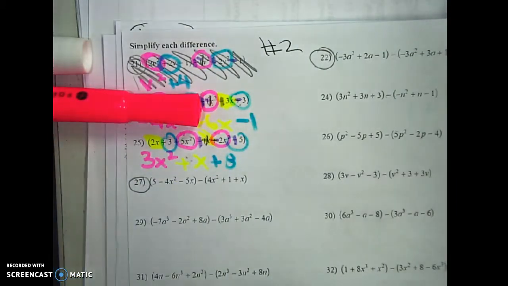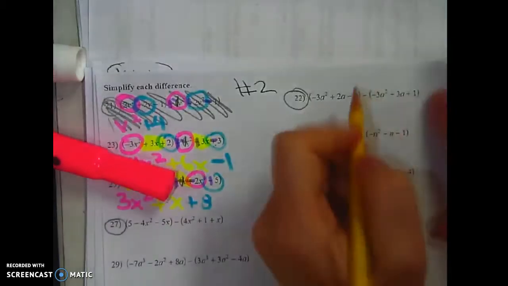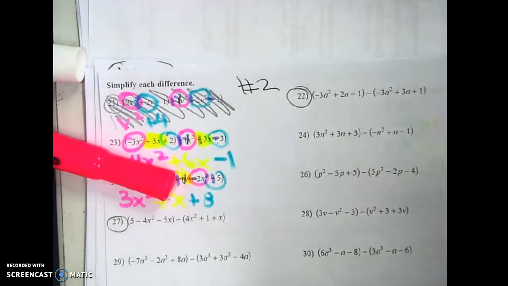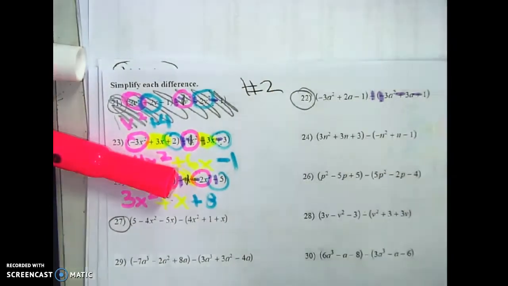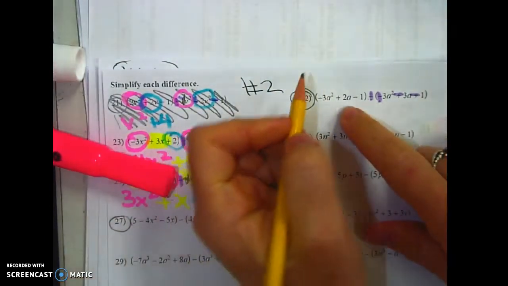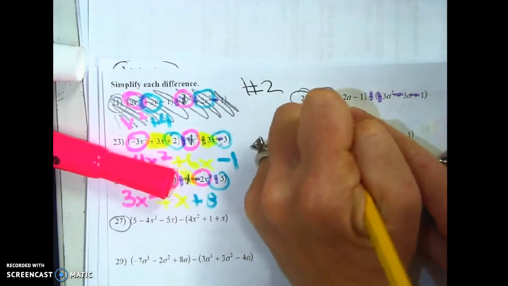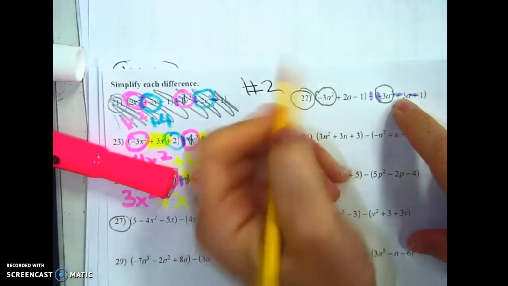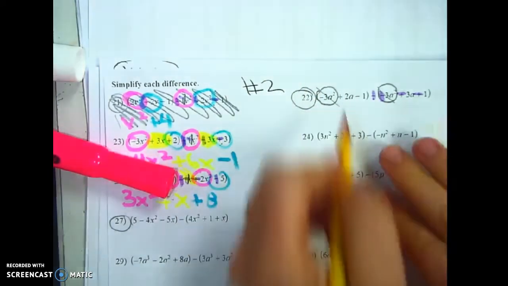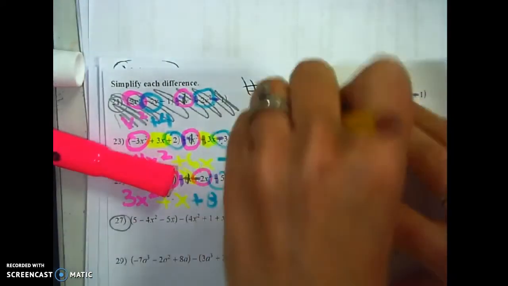Okay. Let's try number 22. Anytime I have a negative in front of my parentheses, change the signs of everything to the right. Now I'm going to do shapes this time just to keep it interesting. I have a negative 3a plus a 3a. Negative 3 plus 3 is 0. So I'm not going to write the a squared at all. If you wrote a squared like that, that would be counted as 1.